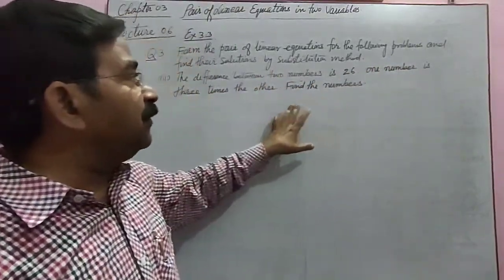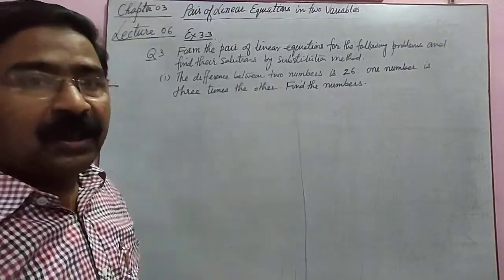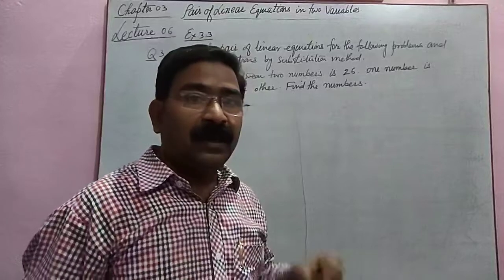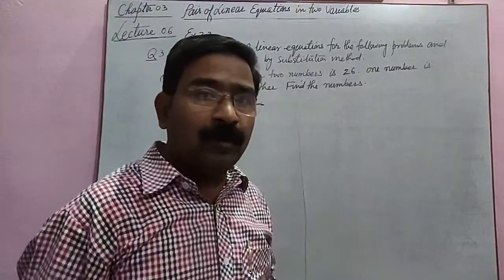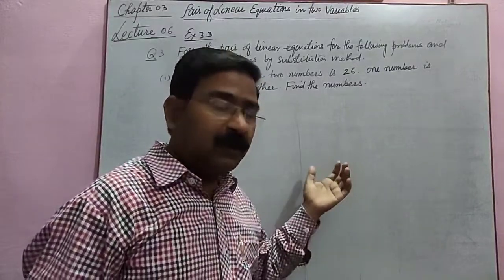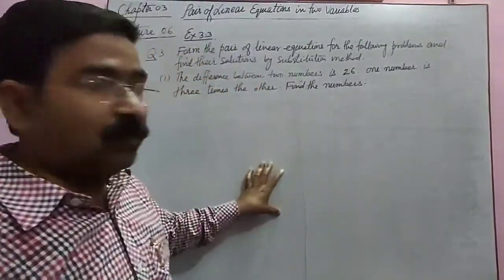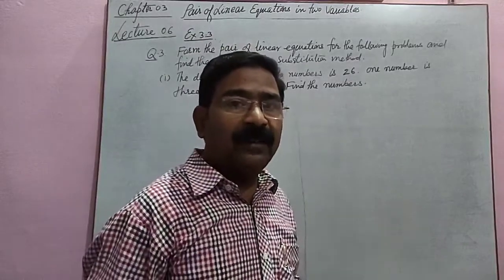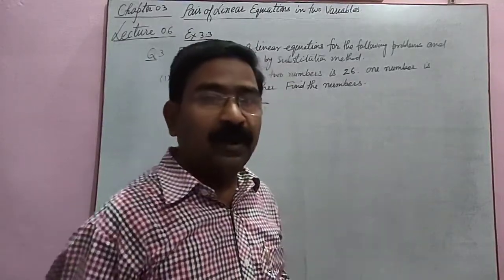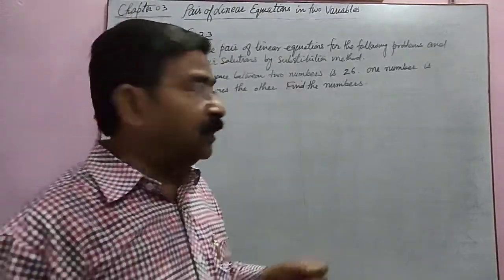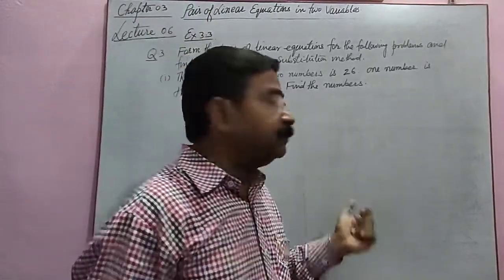According to statement we have to form the equations and then equations to be solved by substitution method. Now I have given the idea how to solve the equations by substitution method. You have done several questions. Now from this onward I'll form the equations and you will try to solve the equations yourself by substitution method. Is it okay? If any problem in solving the question, you may contact me.